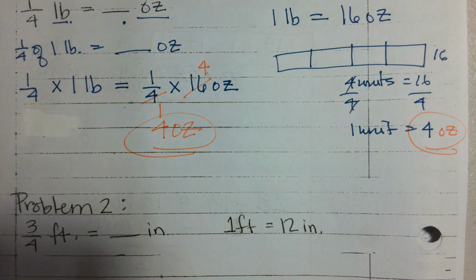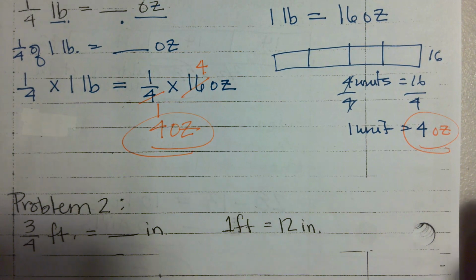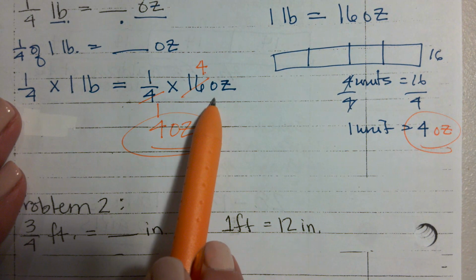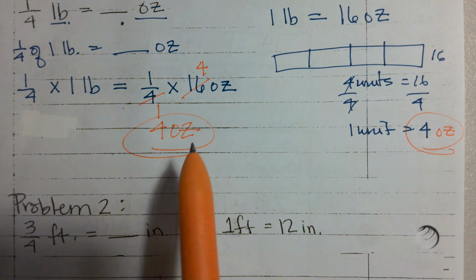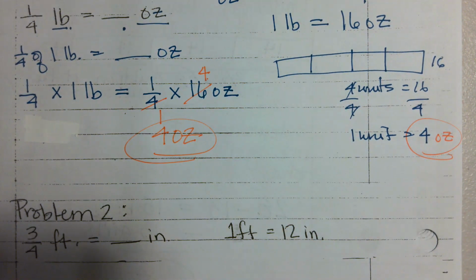Found over here as well. Okay. So the only way you could have solved that is knowing that there are 16 ounces in 1 pound. That's why having that resource sheet or just memorizing this is going to be so important for you.